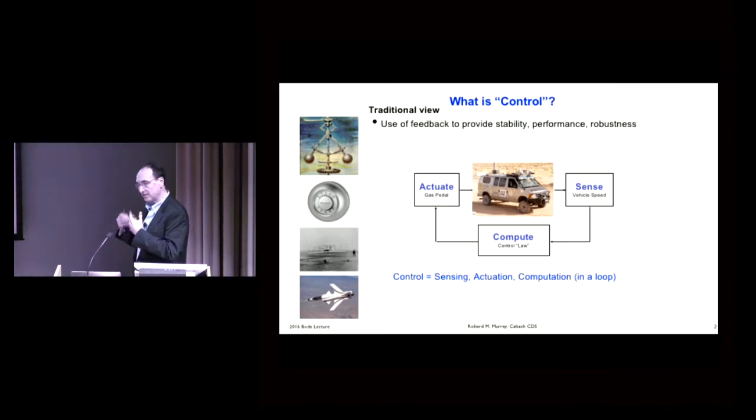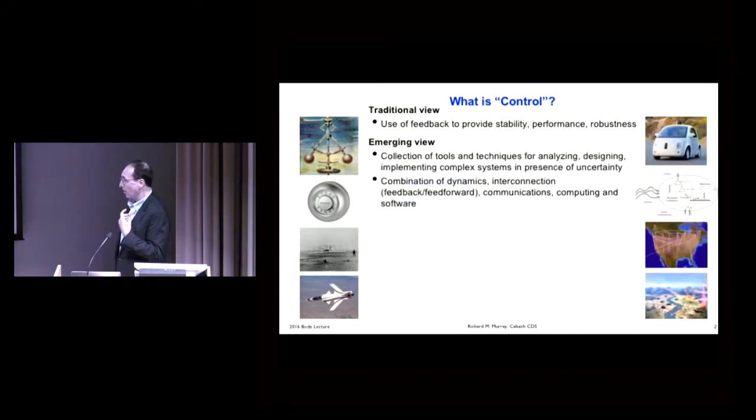And so the typical applications, thermostats and cruise control and flight control systems and things like that, have been around for decades. But I think this is starting to change now, and if you ask people in the field now about what they do and where they apply those things, I think you see a little bit of a different view. And so I like to think about controls these days as a collection of tools and techniques for analyzing, designing, and implementing complex systems in the presence of uncertainty.